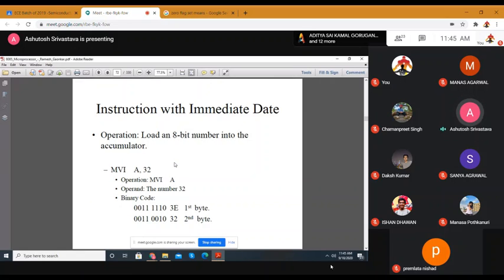Instead, you would be using other forms of data transfer instructions like MOV. Is it clear? Yes, sir.